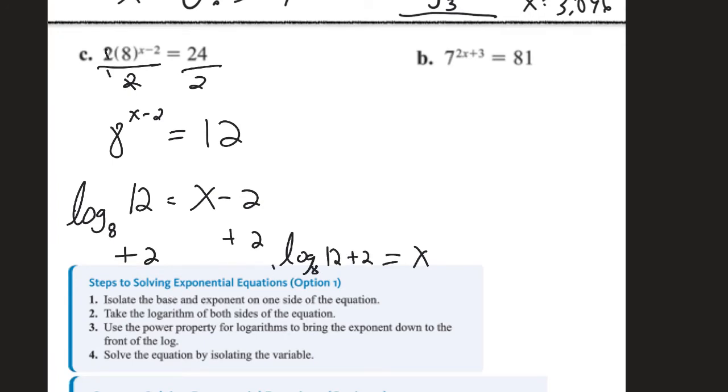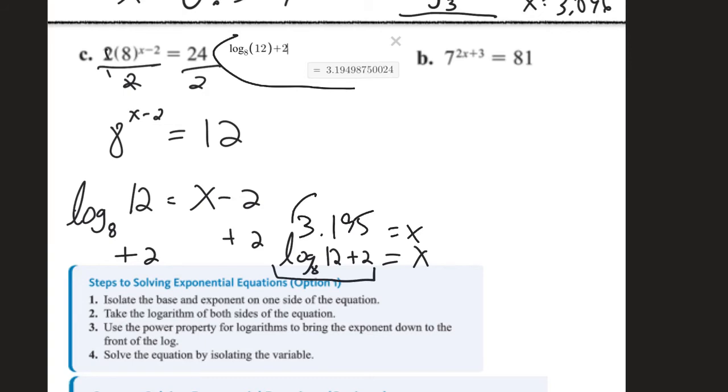And this is what I'm going to put in my calculator. Take a moment here. And once I put this in my calculator, my answer is going to be 3.195. It's rounded to 3 decimal spots. Go ahead and take a moment and try to do B to the best of your ability. Pause the screen and come back after you have given it a go.